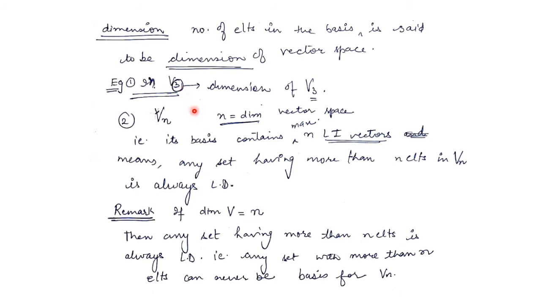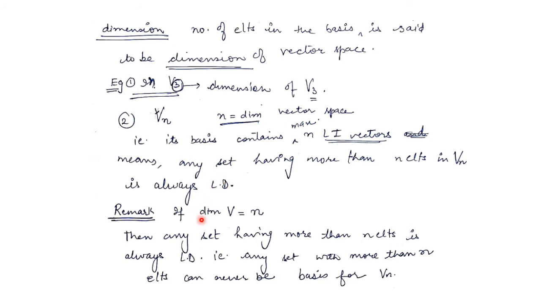So if dimension is known to us, then its basis contains a maximum of n LI vectors, right? If the dimension of any vector space is n, then its basis contains at most n linearly independent vectors. This means any set having more than n elements in Vn is always linearly dependent.